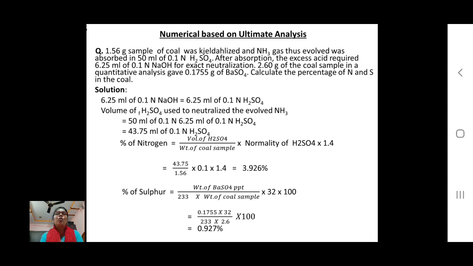Here the minus sign is left, again a printing mistake. So it is equal to 43.75 milliliter of 0.1 normal H2SO4. By mistake the subtraction symbol, minus sign, is just left here.